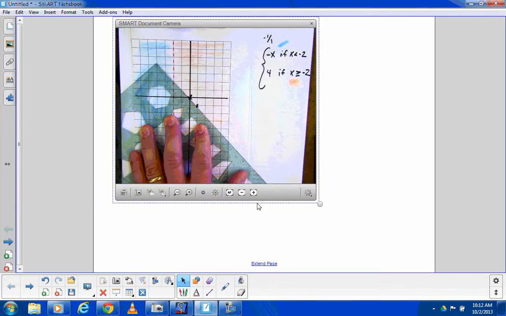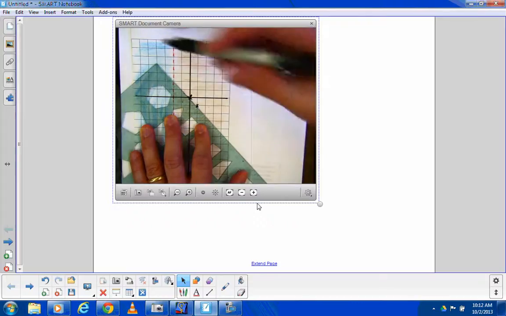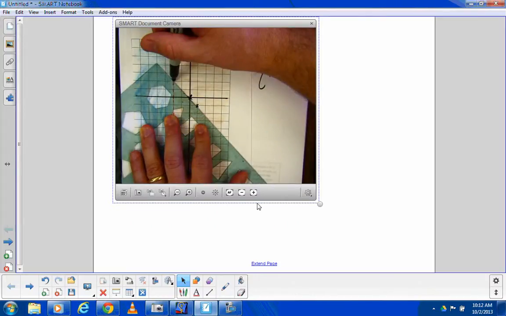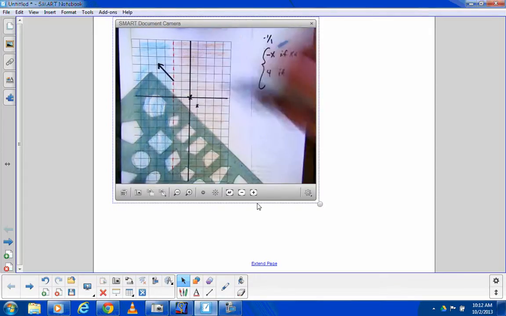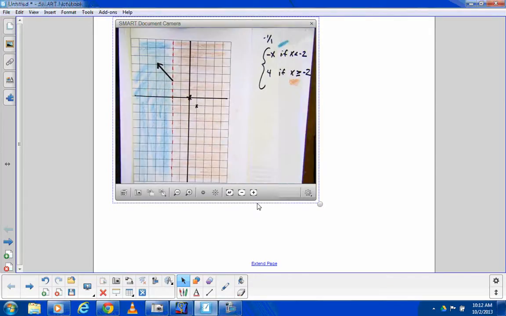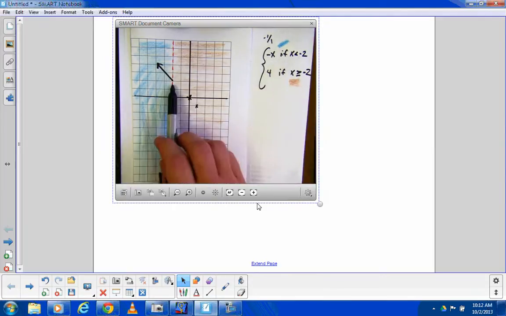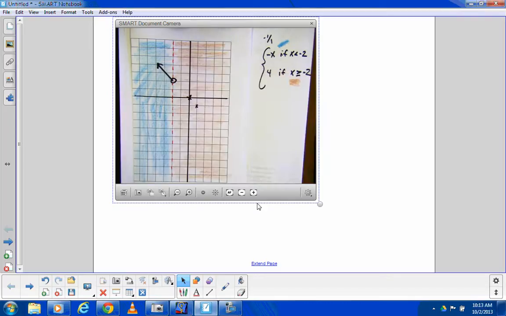I can only draw the line in the blue part, where x is less than -2, so that would be from here over. Does that make sense? Now, it says x is less than -2, so it actually can't touch -2. How do we show that it can go up to -2 but really can't touch it? Open circle.